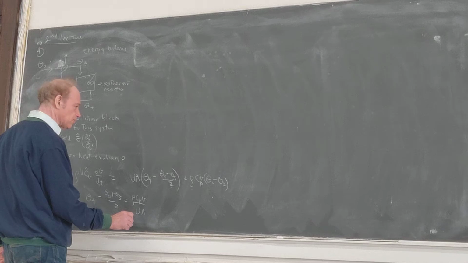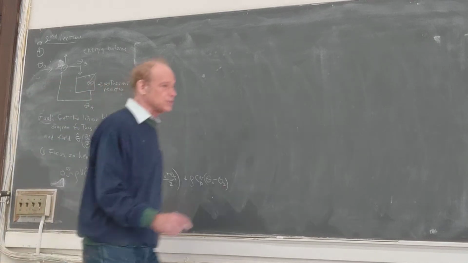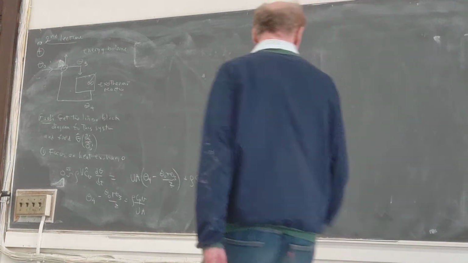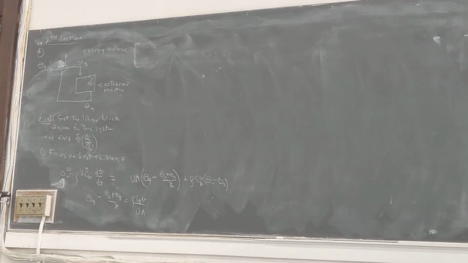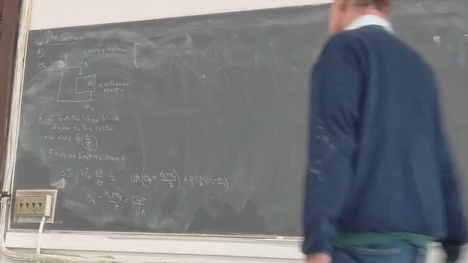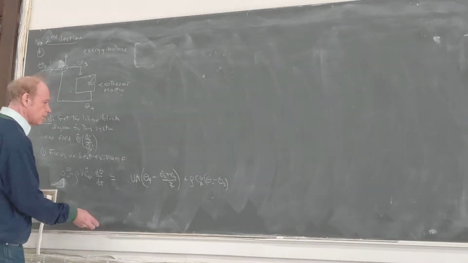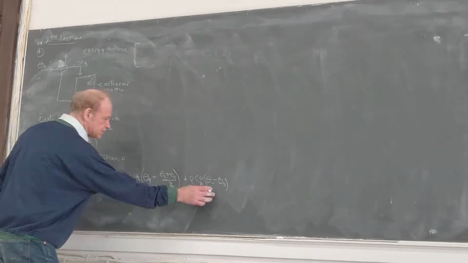I probably want to do it the other way around. Do I want the UA or do I want it upside down? UA. Yes, I want the UA the other way around. So let's do it the other way around. I'm going to move this to the other side of the equation.